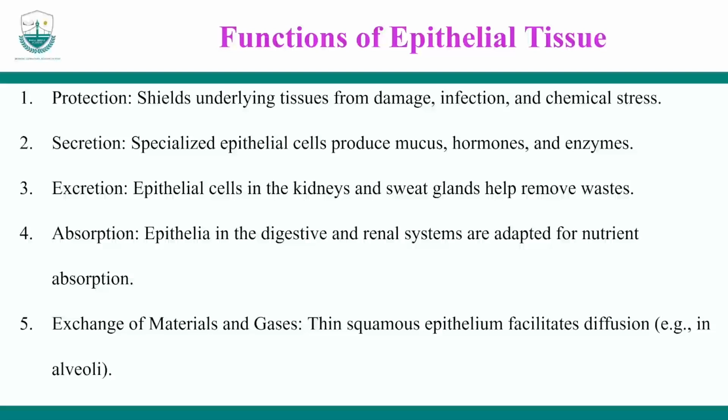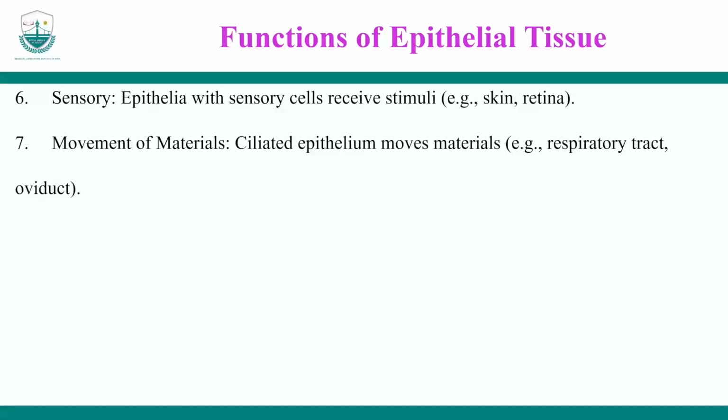Squamous epithelium is for exchange of materials. And the epithelium that has microvilli is very important for absorption, especially in the kidneys. So just remember the different types of epithelium, then you'll be able to come up with the different functions of the epithelial tissue.